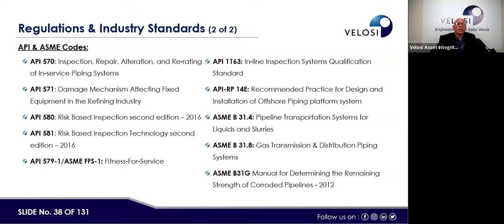API 14E is related to hydraulic sizing of pipelines. ASME B31.4 and ASME B31.8 are design and construction related standards. The first one is for liquid pipelines, and the second, B31.8, is for gas pipelines. Then if there are certain defects, those could be assessed under the ASME B31G standard.